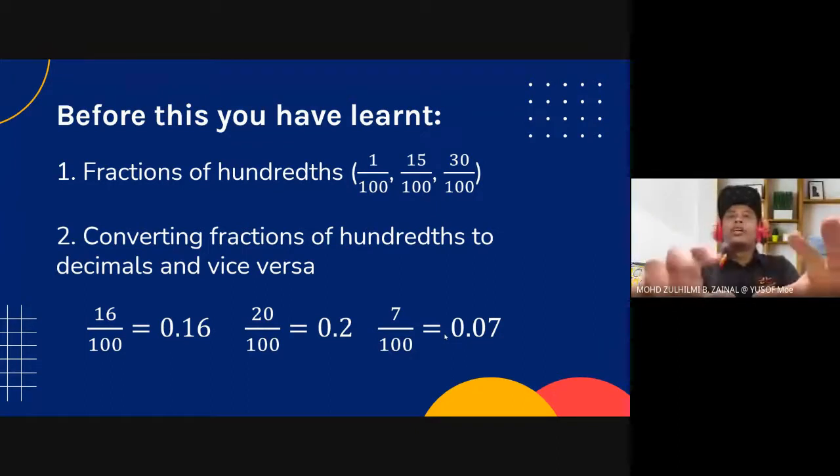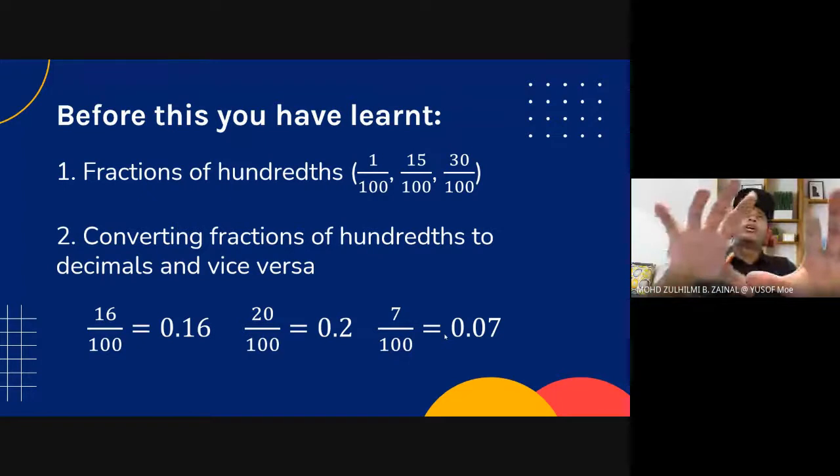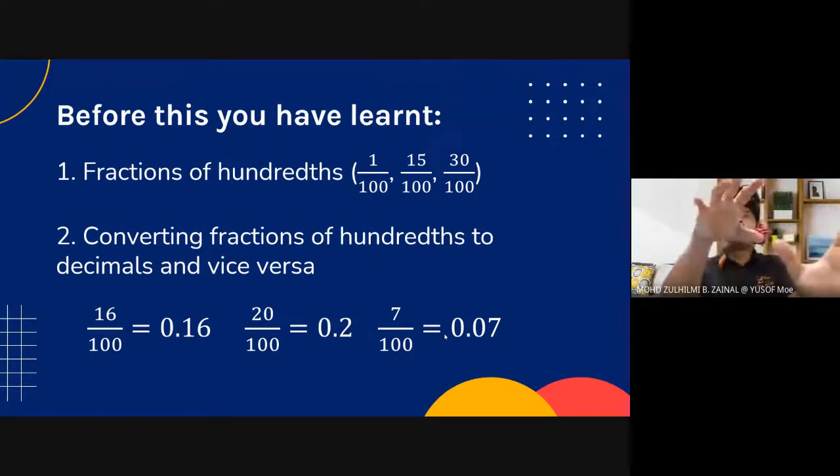So dia ada place value dia. That's why we call the decimals, place value dia yang before tu, before the decimal point is the normal place value, ones, tens, hundreds, thousands. But after the decimal point is called tenths, hundredths, thousandths.